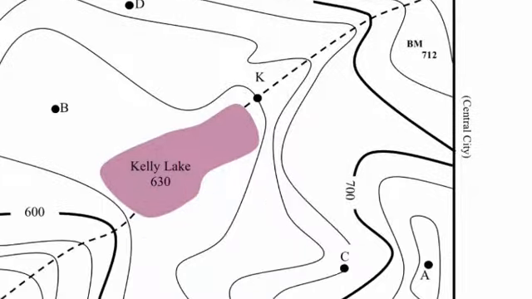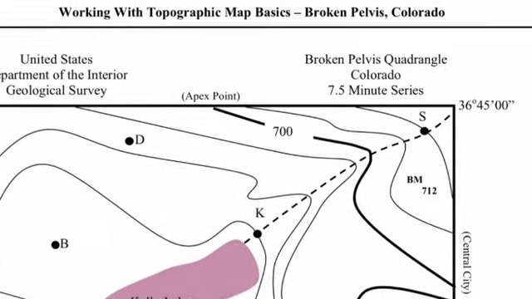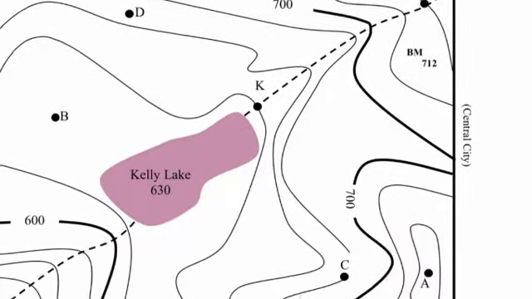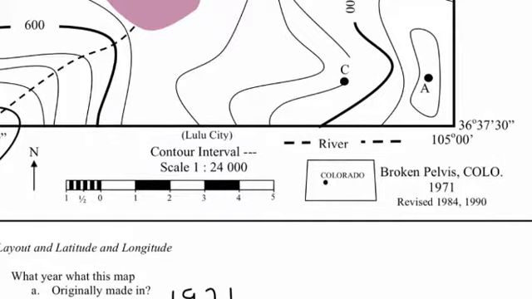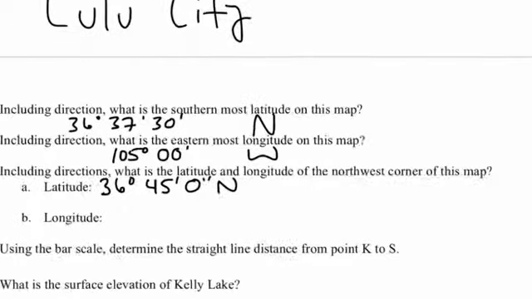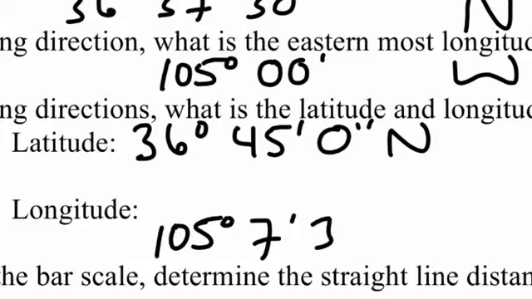It does not change. And if we take a look at the southwest part of the map, the longitude's given. So the longitude here is going to be the same as the longitude up here because I have not changed longitude. I haven't gone east or west. So the longitude for the northwest corner of the map is going to be 105:7:30. 105 degrees, 7 minutes, 30 seconds. And that's west because I'm to the left of the prime meridian.